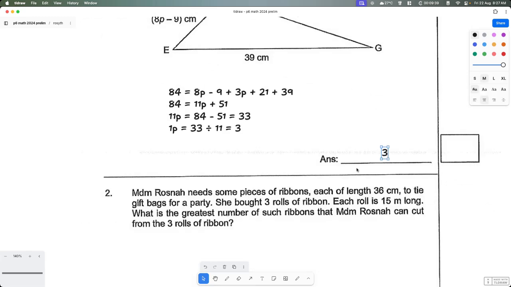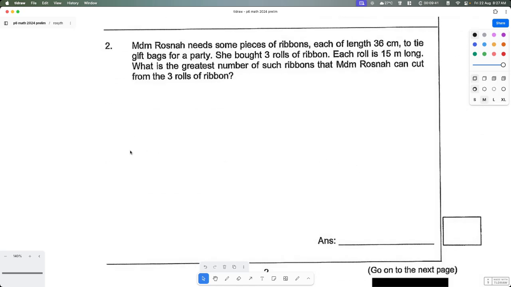Okay, let's move on to question number 2. It says here, Madam Rosna needs some pieces of ribbons, each of length 36 centimeters, to tie gift bags for a party. She bought 3 rolls of ribbon. Each roll is 15 meters long. What is the greatest number of such ribbons that Madam Rosna can cut from the 3 rolls of ribbons?